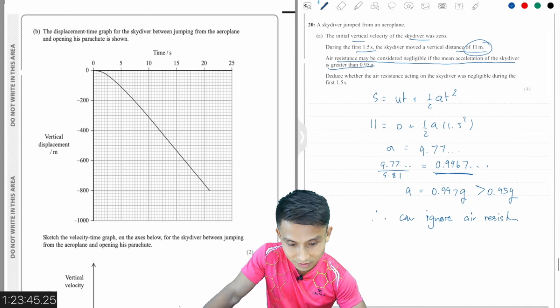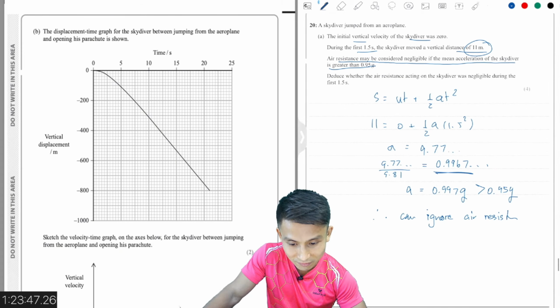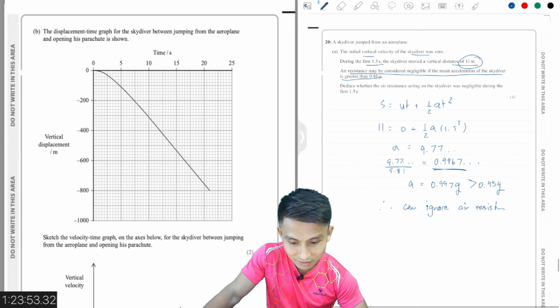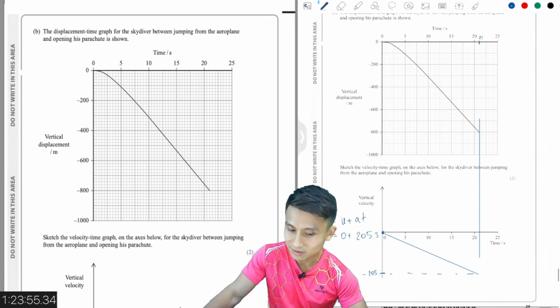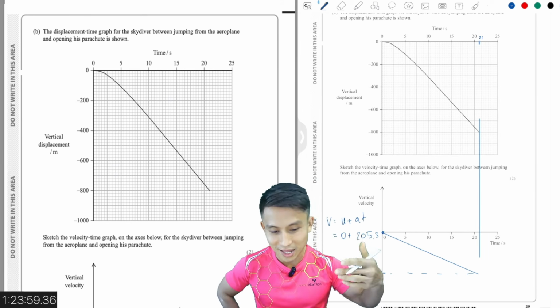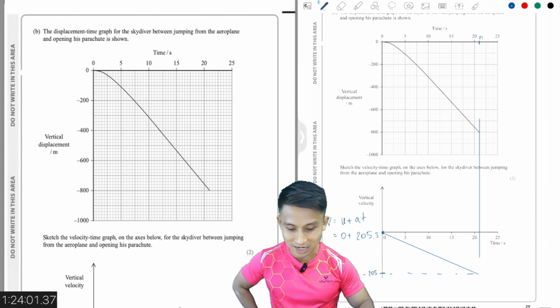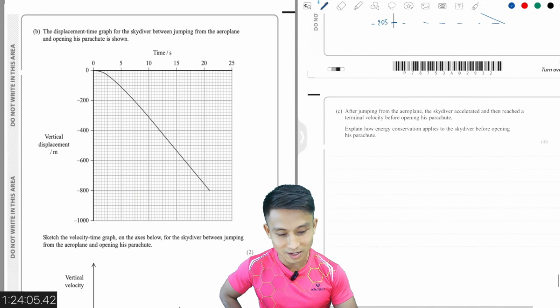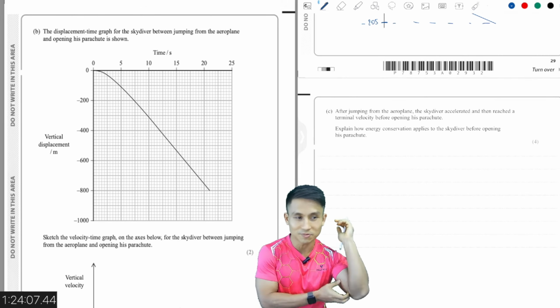That's weird. If mean acceleration of the skydiver is greater than 0.95 g, that is greater, right? Yeah, we got it greater. Okay. The drag gets larger and larger when he falls down, right? Yeah, okay. Explain how energy conservation applies to the skydiver before opening his parachute.